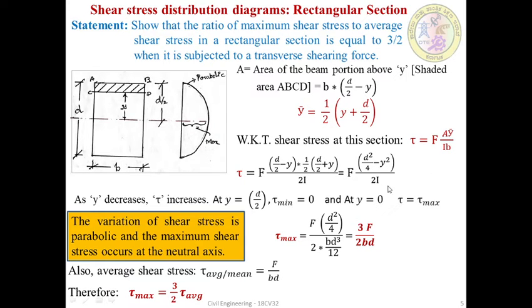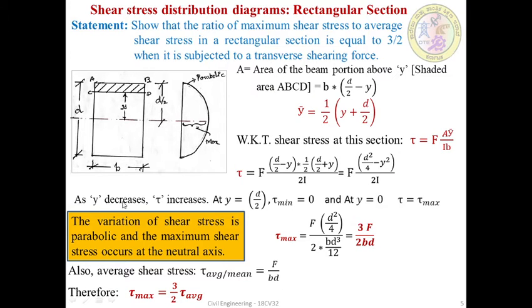The equation itself is the mathematical expression. It relates that d is constant, I is constant, the force acting at a particular section is also constant, whereas y is the only variable. As y varies, the stress also varies. The minimum value of y will be 0, and the maximum value of y will be at the extreme fiber, d by 2.